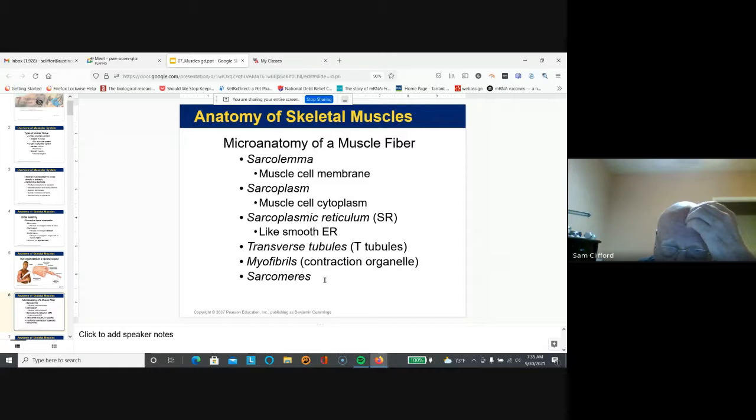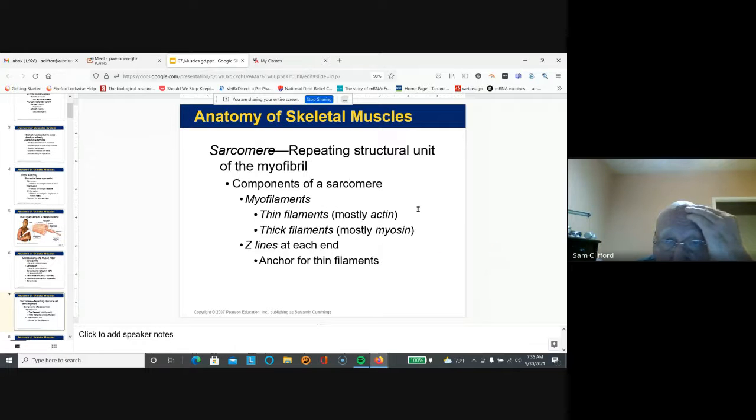So sarcomeres are how the actin and myosin, or the muscle filaments, are arranged in the muscle. We'll see that sarcomere means flesh part in Greek. The sarcomere is a repeating structural unit.